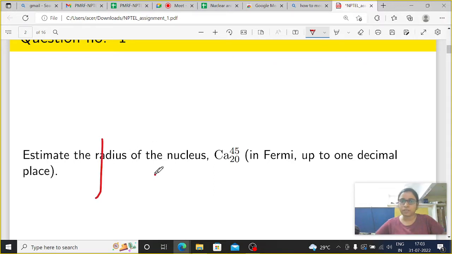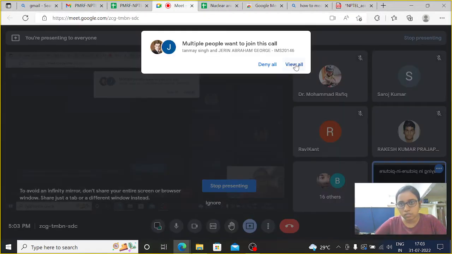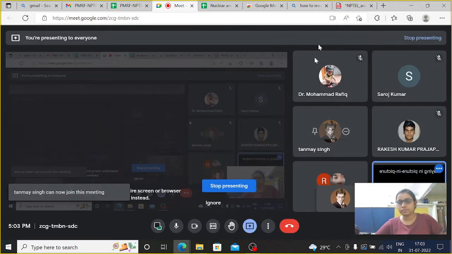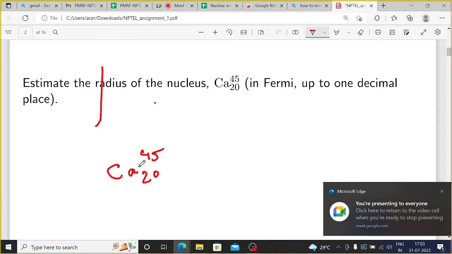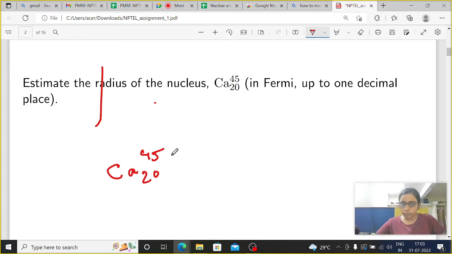The nucleus is calcium 20, 45. What is the meaning of this notation?